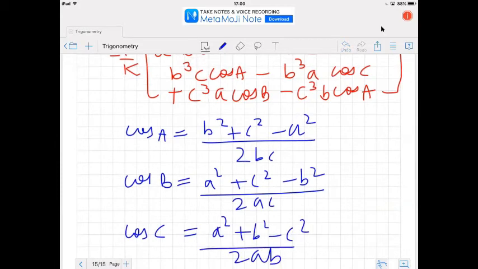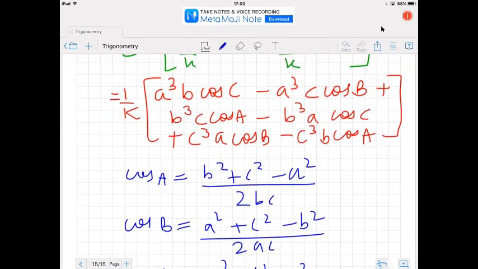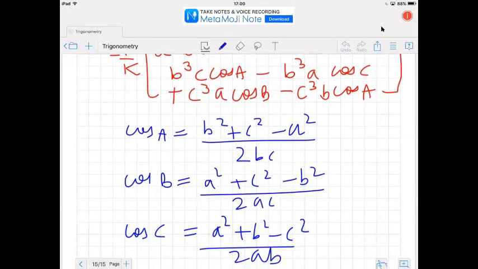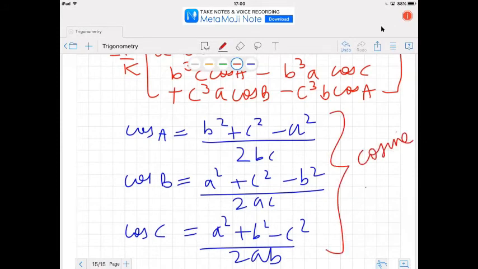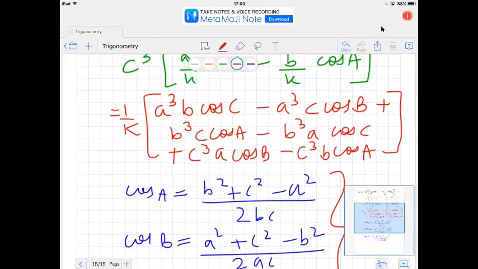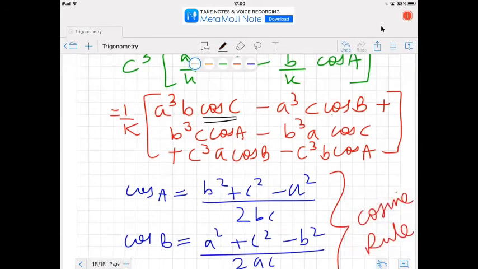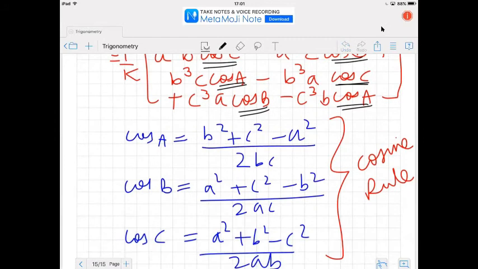Okay, so I'm going to substitute cos a, cos b and cos c as these equations that I've written here according to the cosine rule. Okay, so this is all according to the cosine rule. Wherever you see cos c, cos b, cos a, everywhere I'm going to substitute the values of cos a, cos b and cos c.